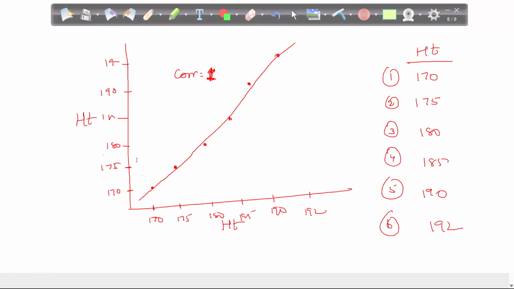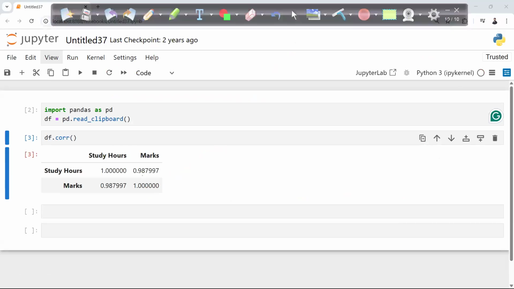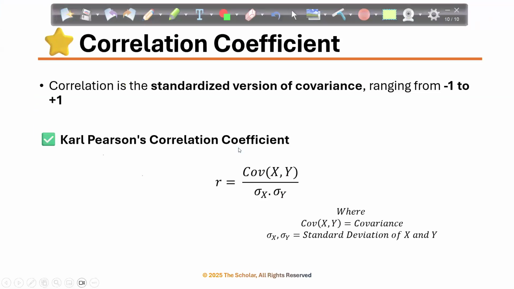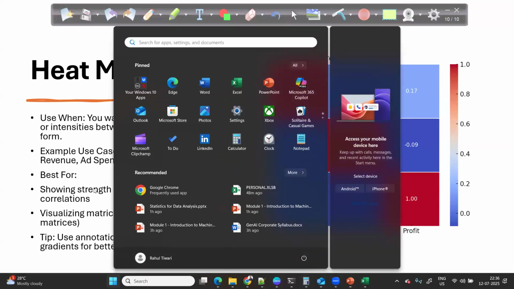Okay. Now what I will be showing you is a plot. Let me show you one plot here. This type of plot. This is a correlation heat map, right? Let me take one data. If you remember, we took one data yesterday. I think it was a tips data or something. No, it was another data.